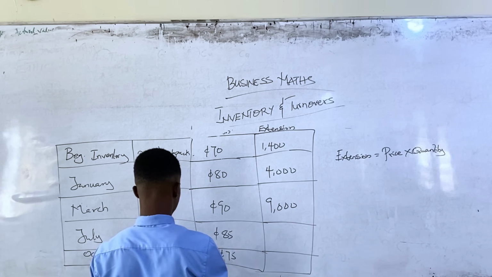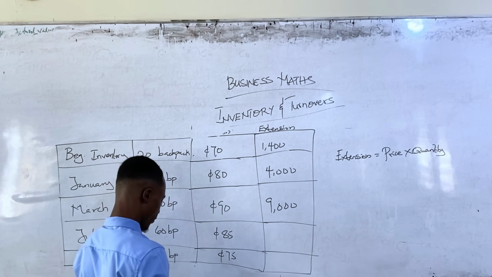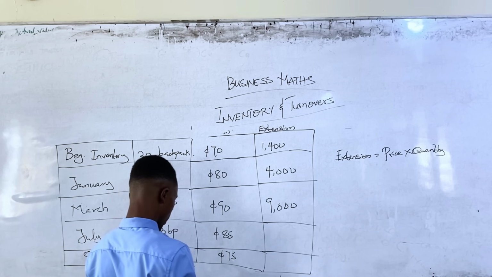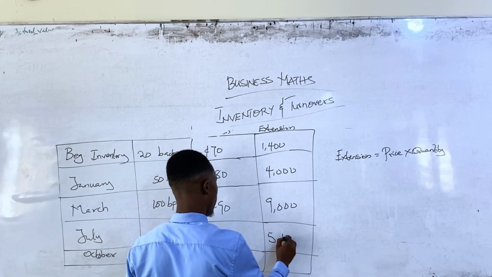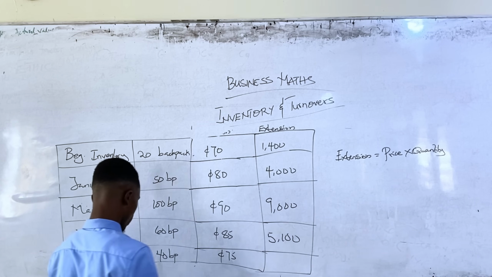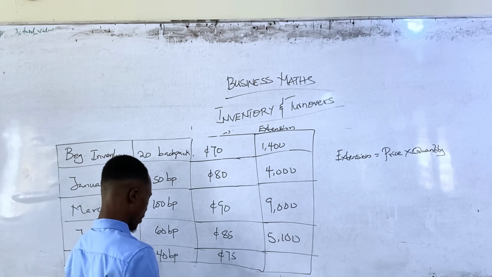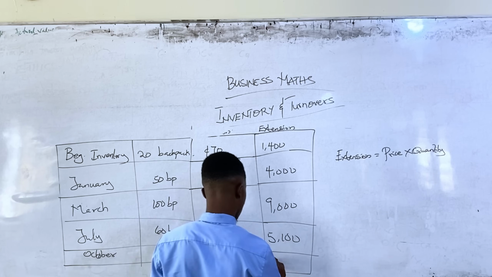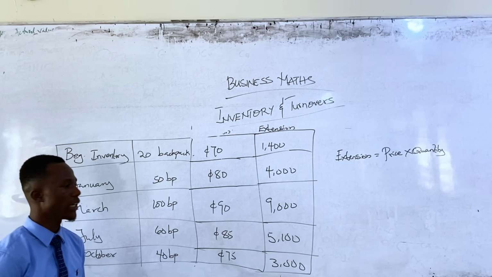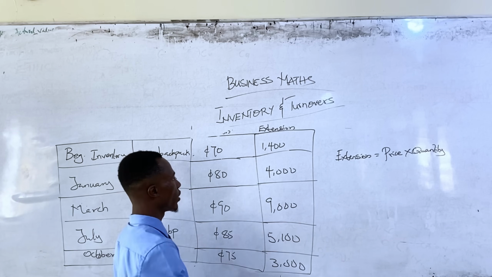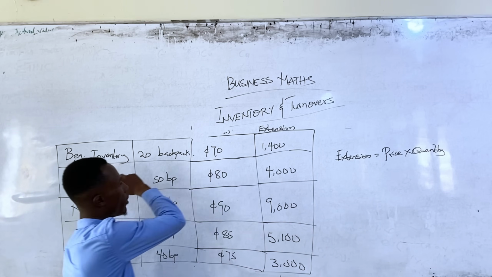Okay. Then 60 times 85 will give us 5,100. And 40 times 75 will give us 3,000. So now we have what? The extension. So there's the extension for the beginning inventory.